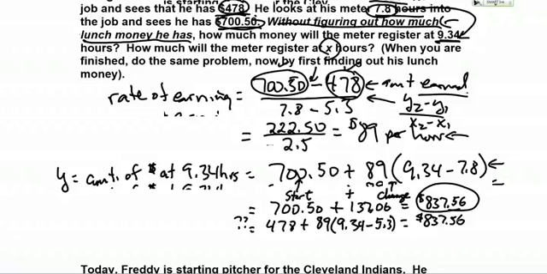Well, how much will the meter register at x hours? We will just mimic the arithmetic here, and we can take one of the initial points that we want. Take your pick. We saw that both will wind up giving us the same point because we're on the same line.